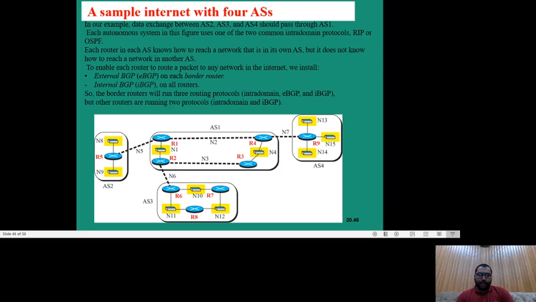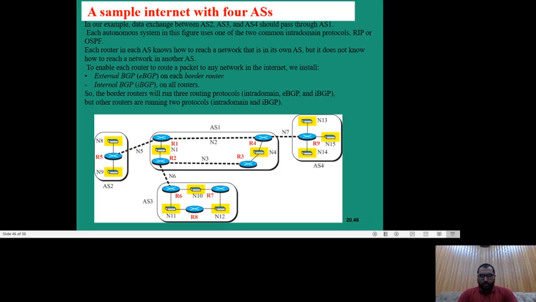Autonomous system 1 has networks 1, 2, 3 and 4 connected with 4 routers. Similarly, autonomous system 2 has one router with 2 networks, autonomous system 3 has 3 networks and 3 routers, and the same goes for autonomous system 4, where you have 1 router and 3 networks.